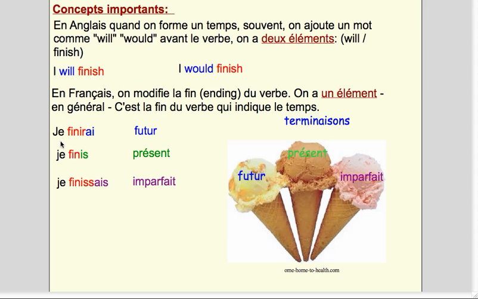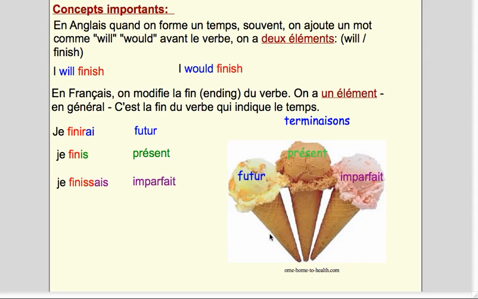Here you have I will finish, je finirai, that's the future. This tells me this is the future. Je finis is the present tense, I finish, and this tells me I'm speaking in the present tense. Je finissais is I finished or I was finishing, and this tells me that I'm talking in the past or one of the tenses of the past.